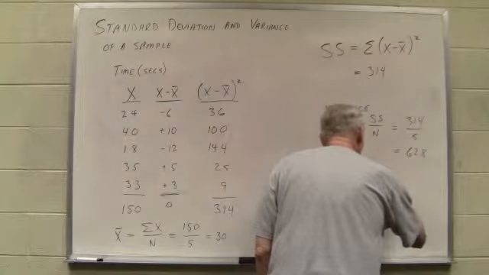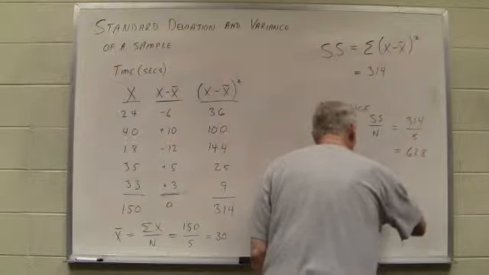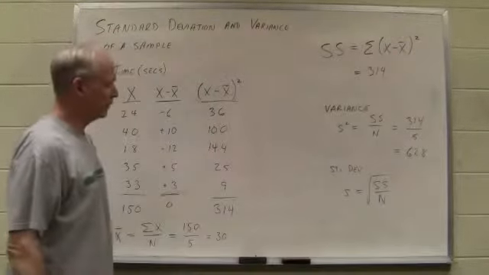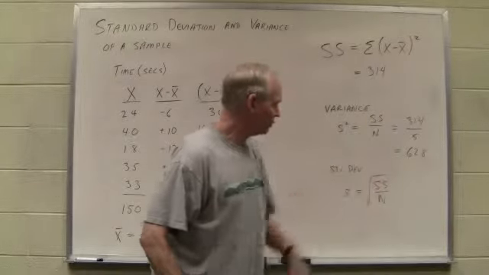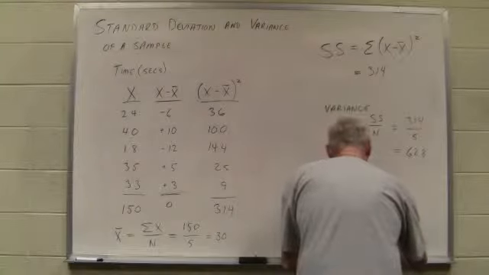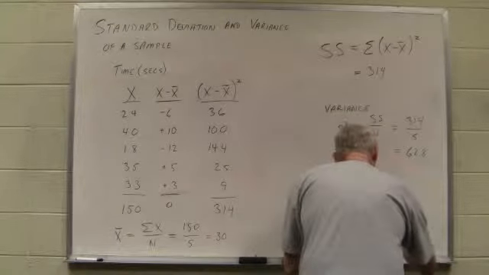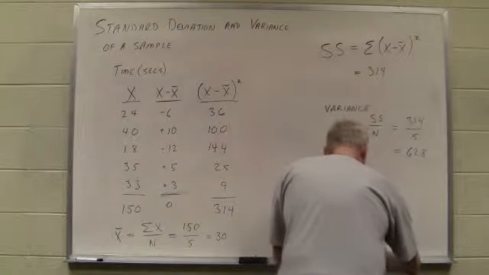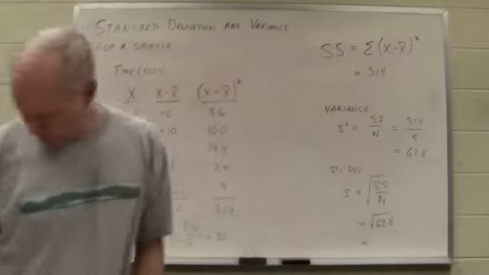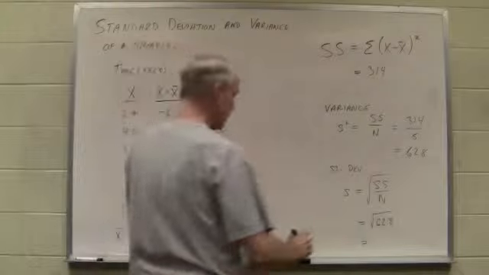The standard deviation is nothing but the square root of the variance. Sum of squares divided by n, but we take the square root. So in this example, square root of 62.8, and that comes out to be 7.92.